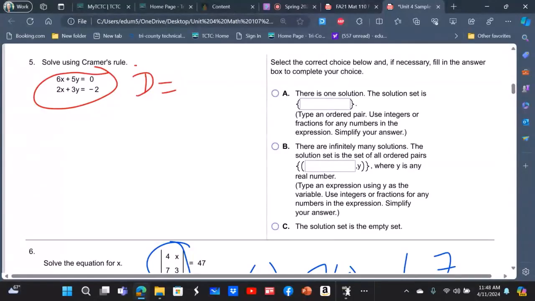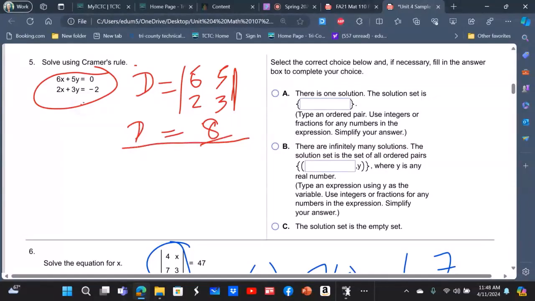So you got a 2 by 2 matrix that is 6, 2, 5, 3. All right, and then you evaluate that coefficient matrix. If it is 0, you have to do something else. So 3 times 6 is 18. 2 times 5 is 10. 18 minus 10 is 8. Therefore, the coefficient matrix is 8.